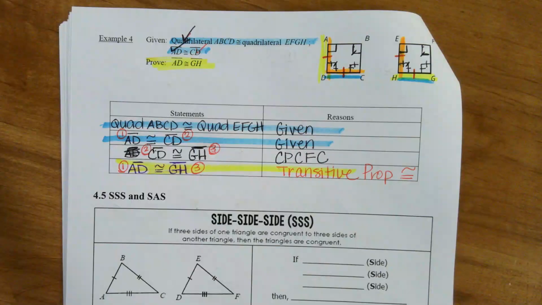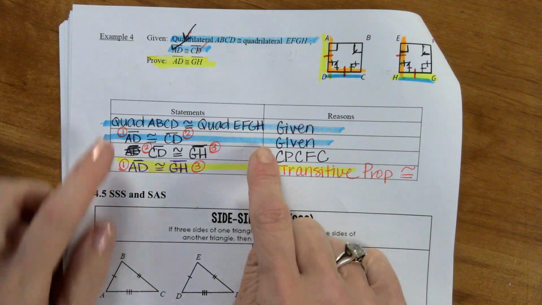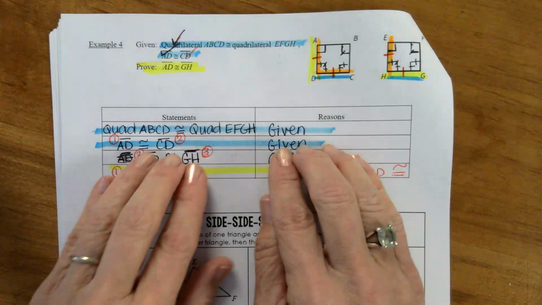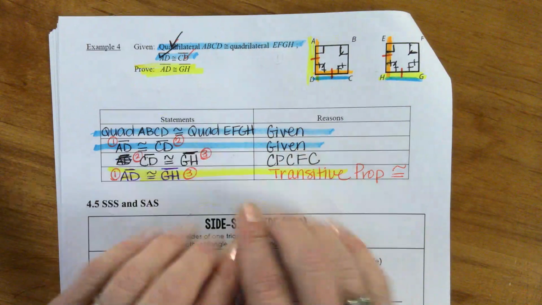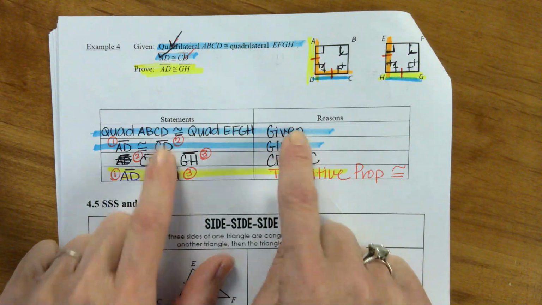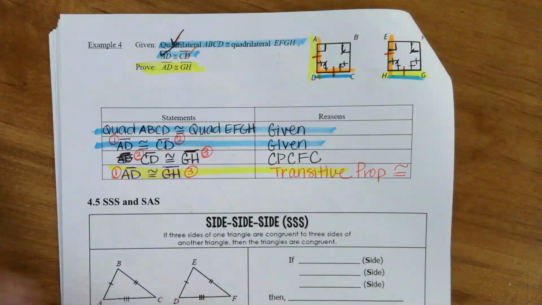That's given information, but this is true no matter what. So it doesn't matter really which one comes first. But I like to write all the easy parts first, get them all out of the way.